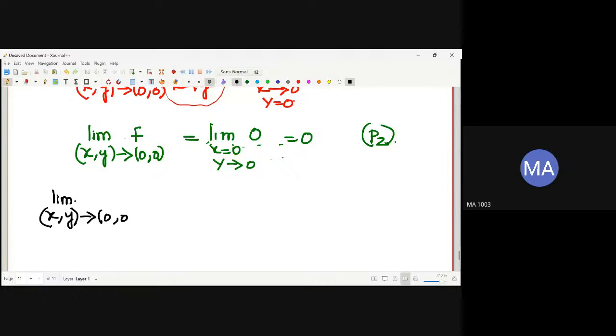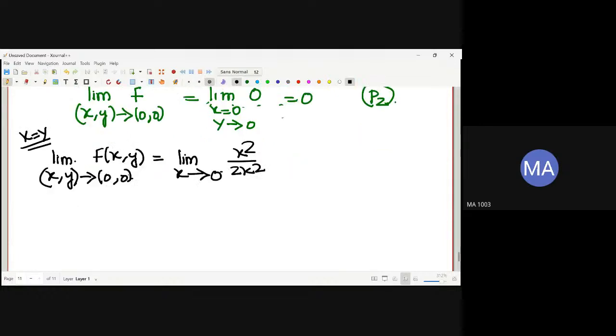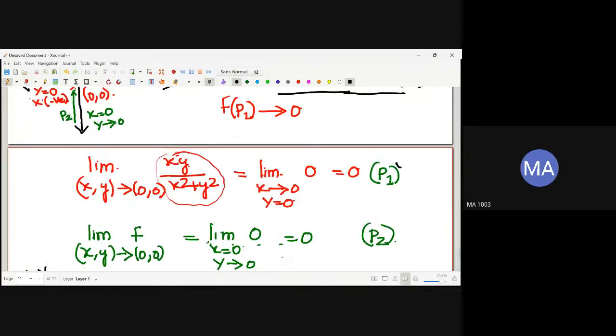If I substitute y equal to x, this is the same as x tends to 0 of x square divided by 2x square. I can cancel x square and eventually I'll get 1 by 2, right? So this is from path 3.